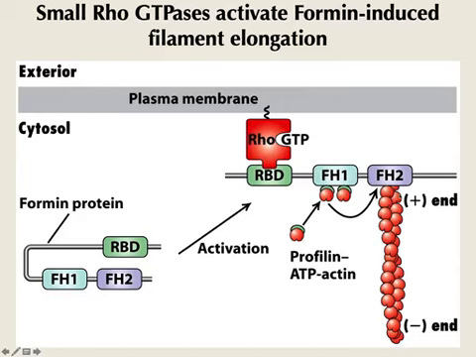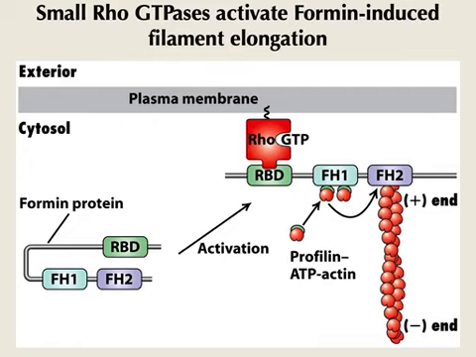Right? So now you have all the steps whereby this signaling GAF Rho formin pathway can start nucleation and promote the formation of new filaments. Okay, and that's very important. We're going to see an example of this when we talk about cell migration.